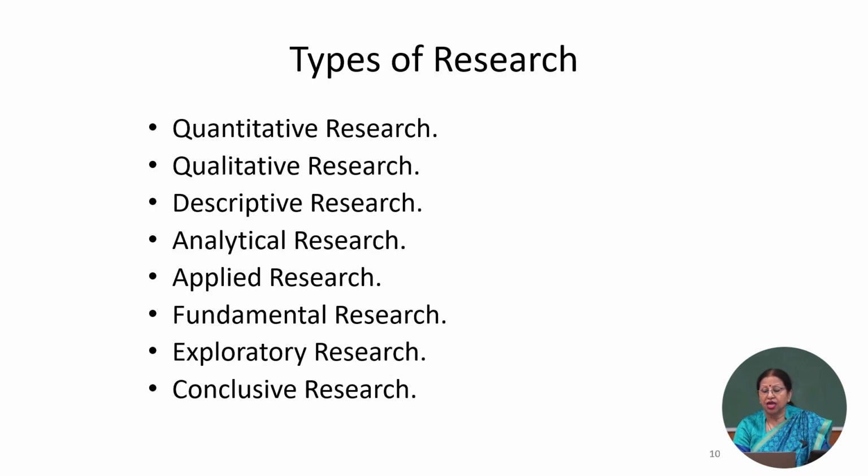Applied research means where you are trying to find a solution for either a societal development, or you are trying to improve any product from X stage to Y stage and from Y stage to Z stage to make it better.